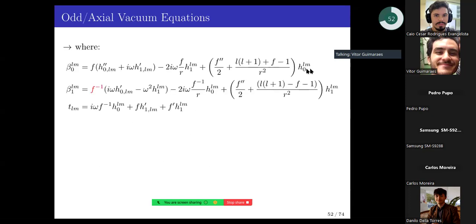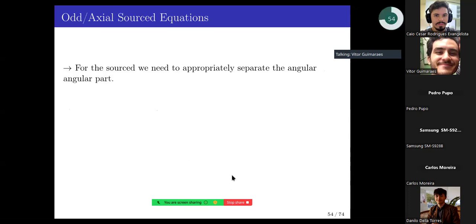Which element of the energy momentum tensor will source this one, which will source this, and which will source this, okay? For vacuum, we set all this equal to 0 and start simplifying the equations, which we will do next lecture. But first, let's take a look at what happens to the sourced equations.